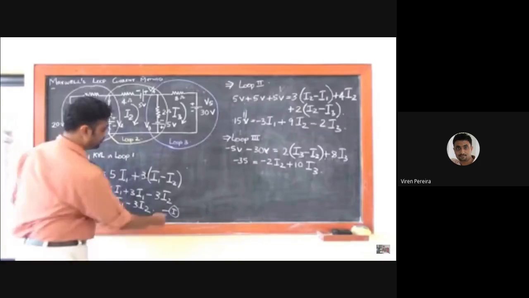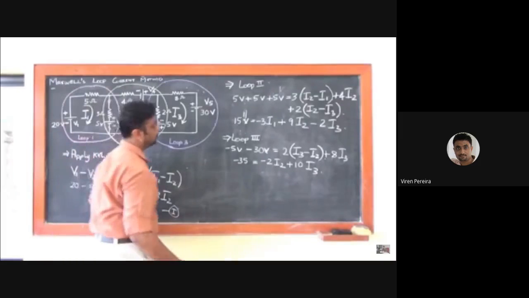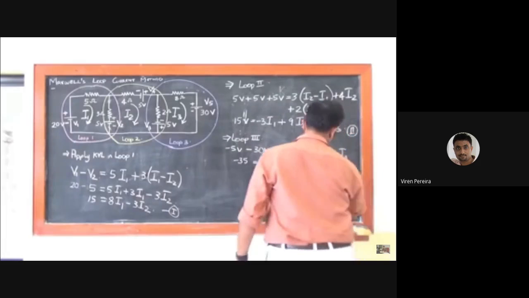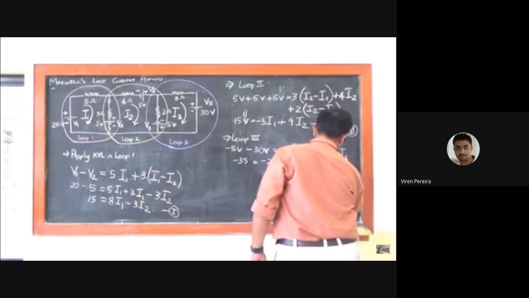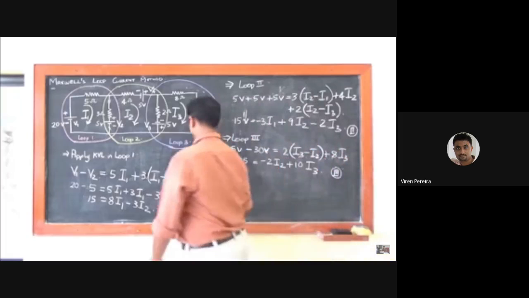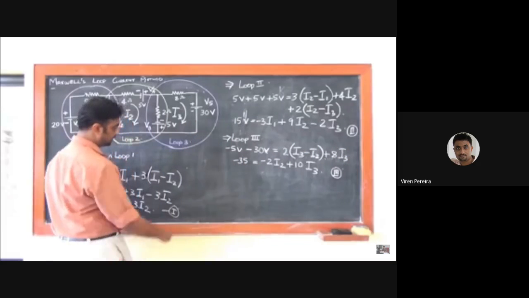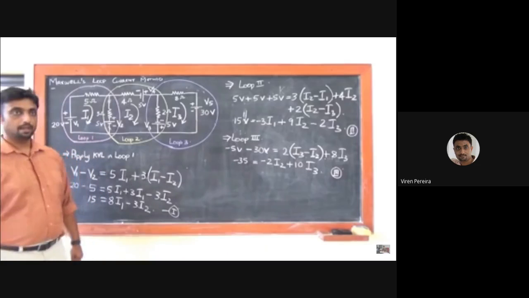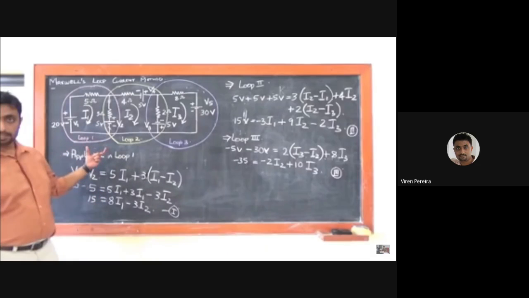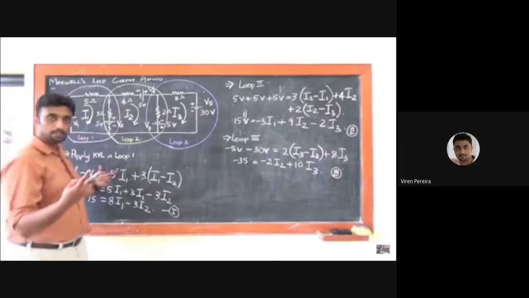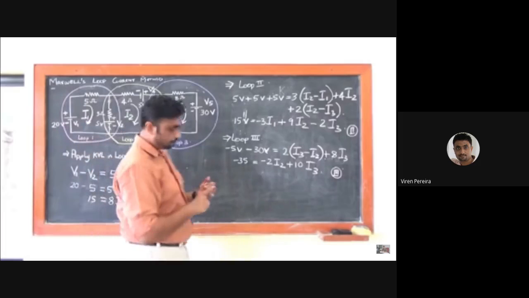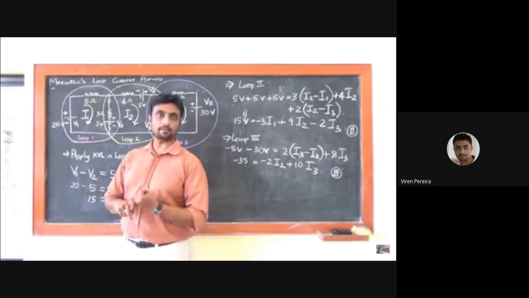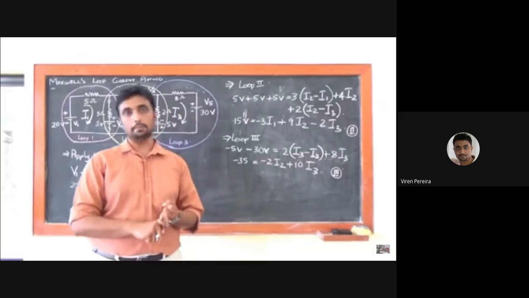So I have my equation 1, I have my equation 2, and I have my equation 3. Now Maxwell's loop current method has 2 possibilities. Either you could go directly for equation solving using simultaneous equations and find out, or you could use matrix.